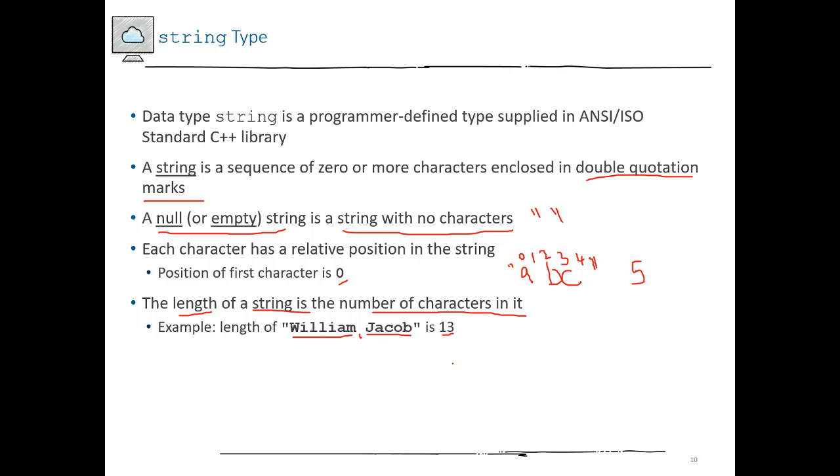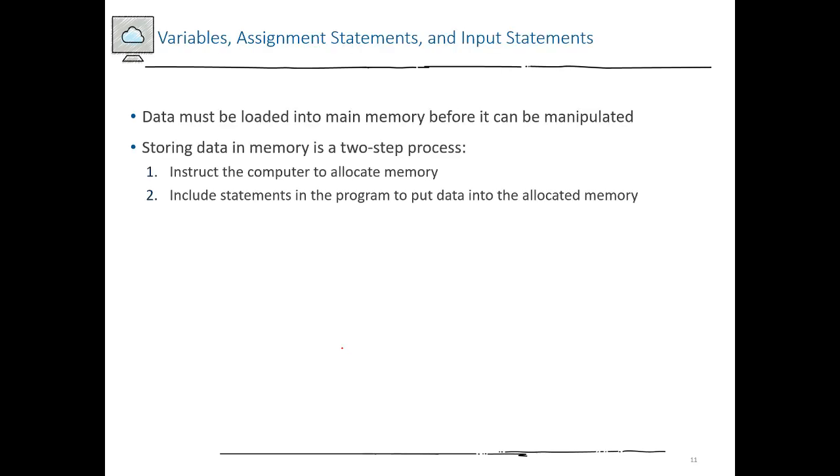So there are 13 characters in this string. So the length of the string is 13. All right. So I don't want you to think that there are 12 characters in here. Don't forget the space. Okay, space counts as a character.